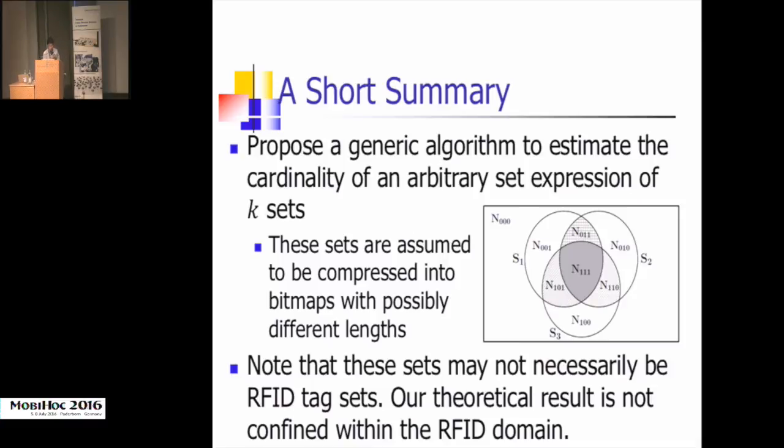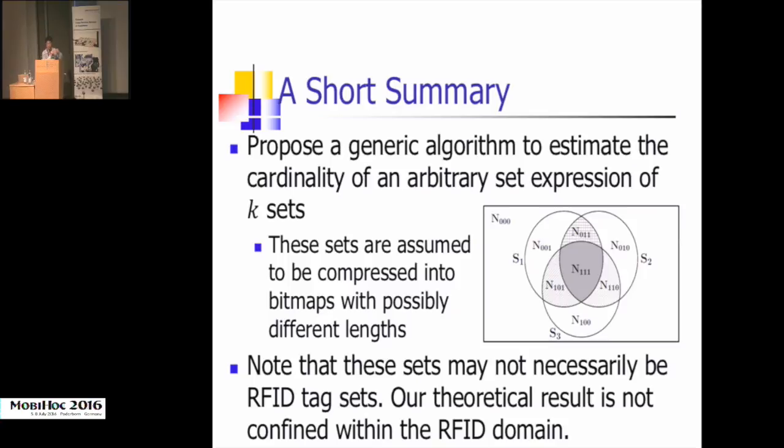So here is a short summary. We have provided a generic algorithm to estimate the cardinality of an arbitrary set expression comprising k sets. Note that these k sets are not necessarily RFID tag sets. All theoretical results can be applied anywhere, like in traffic measurement and in other data mining domains.